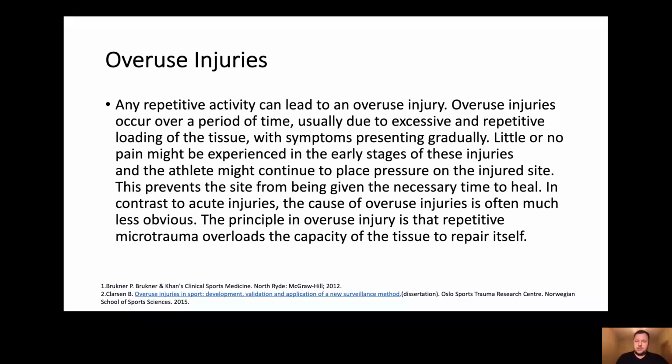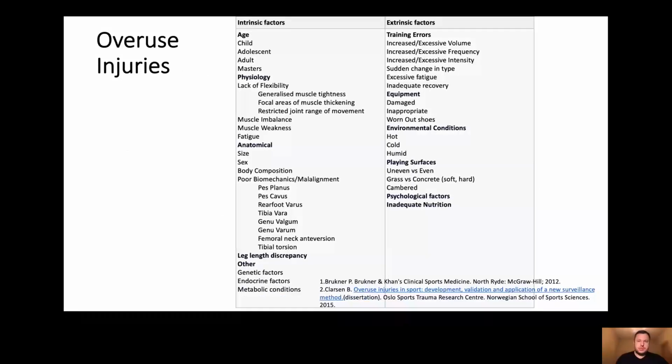So actually the principle in overuse injury is that repetitive microtrauma overloads the capacity of the tissue to repair itself. The causes of overuse injuries can be intrinsic and extrinsic. Intrinsic factors are, for example, age, physiology, lack of flexibility, muscle imbalance, weakness, fatigue, anatomical size of the body, sex, body composition, and so on, leg length disparity, and other things like genetic factors, endocrine and metabolic conditions.